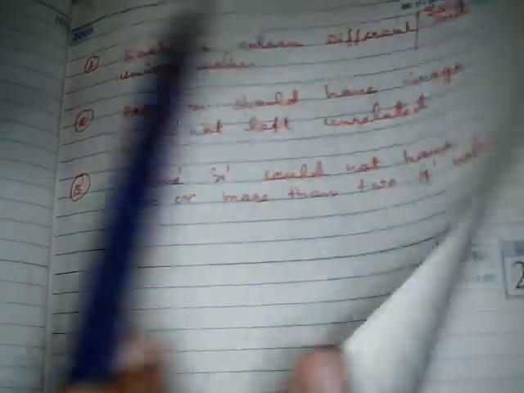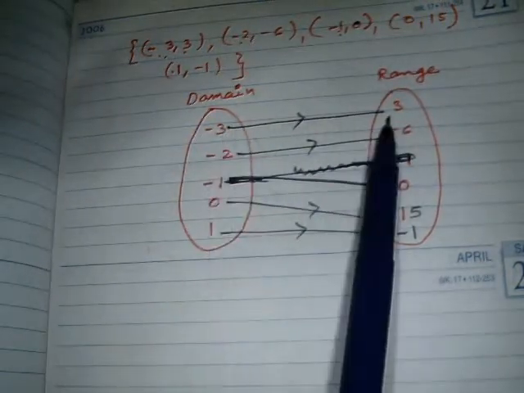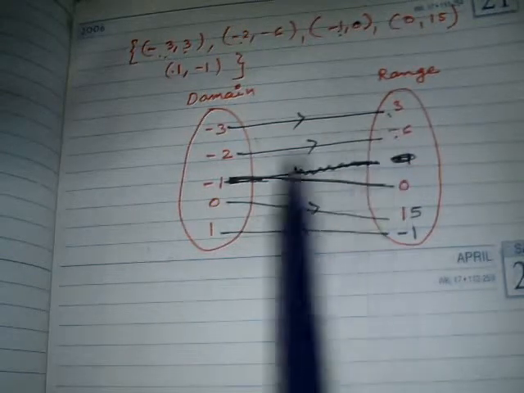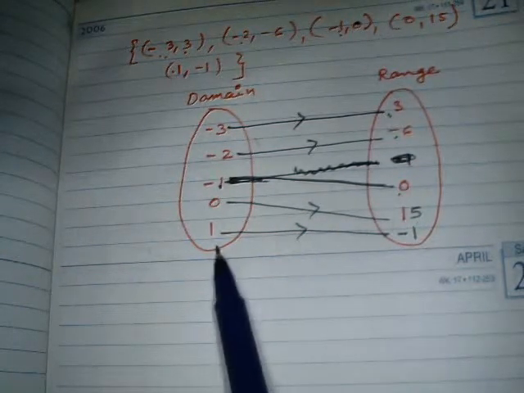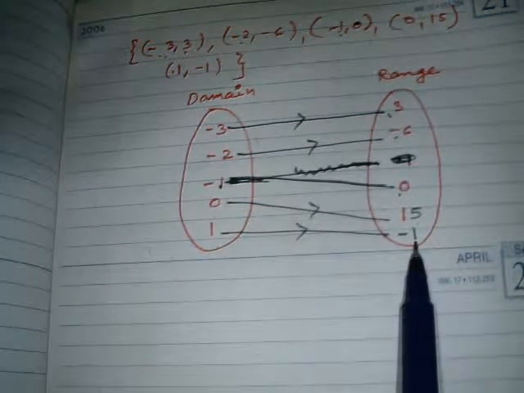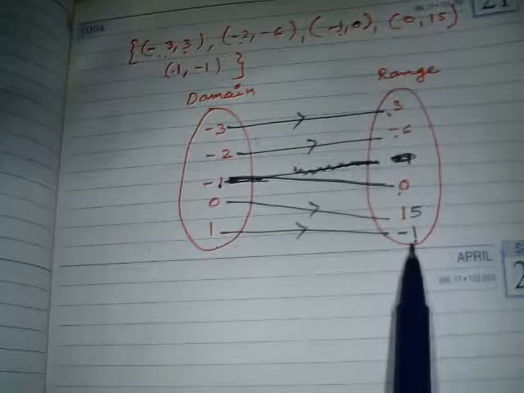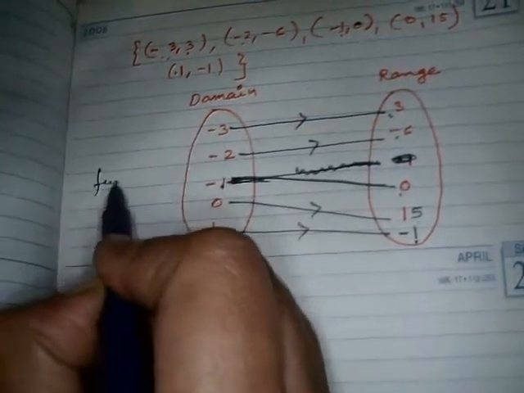Negative 3 is returning 3, negative 2 is returning negative 6, negative 1 is returning 0, 0 is returning 15, and 1 is returning negative 1. So every x has a different value of y, so it is going to be a function. So this is a function. Okay, now we see the second example.